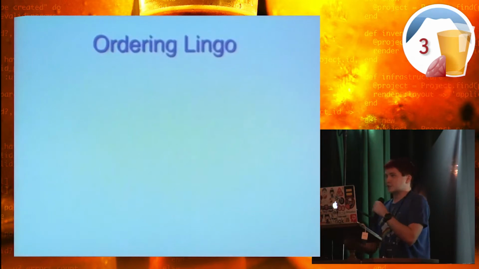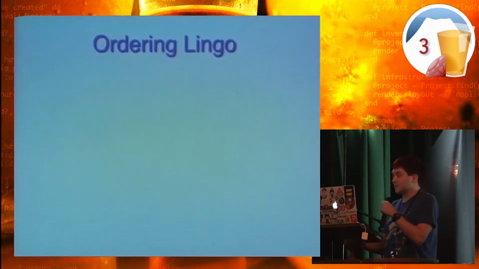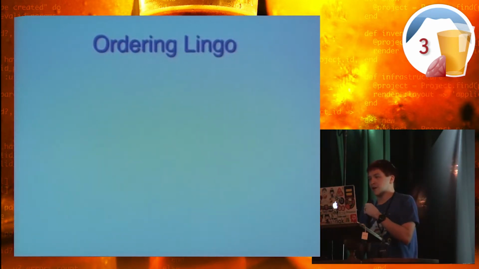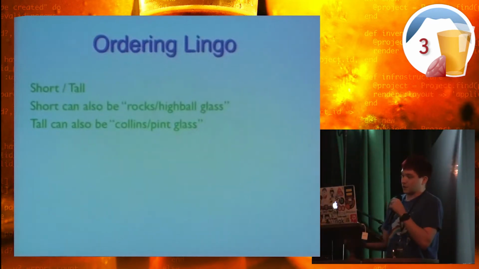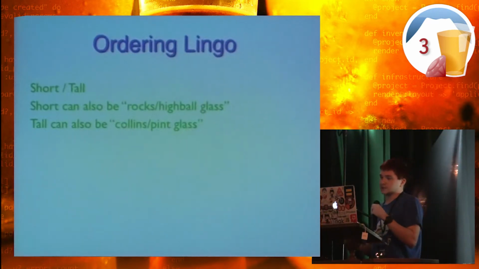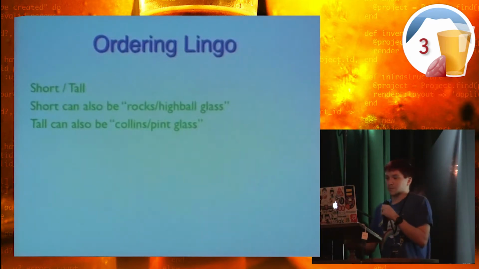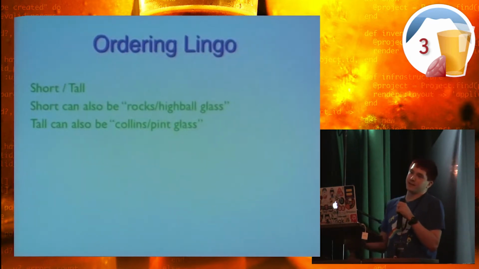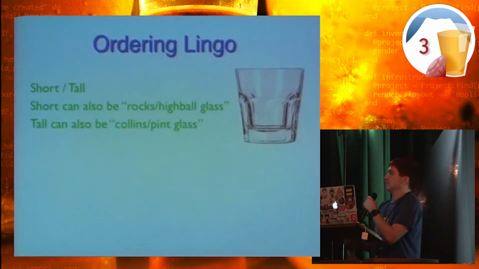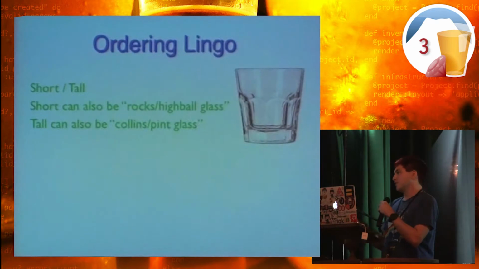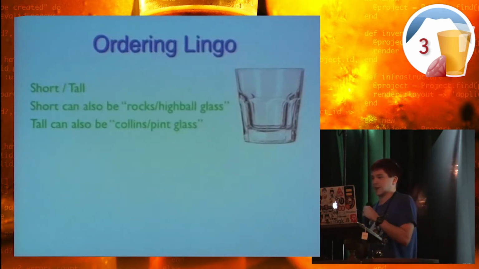Are there Starbucks aficionados in the audience? I'll admit that I am one, but when you're at a bar, it's the same thing. There's a short or tall glass, depending on what size you want. Short can also be called a rocks or highball glass. Tall can also be called a Collins or pint glass. Some people call a pint glass a double tall. It looks a bit like this. That's a rocks glass right there. Much smaller if you don't want to drink that much or if you want to try something out.